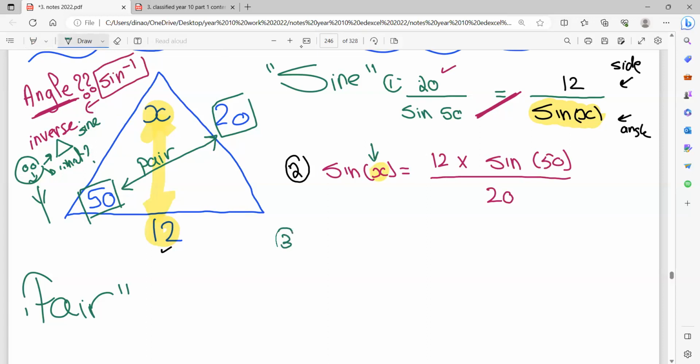فهنا بقى I will add a third step. And what is this third step? This third step is a reminder that we are going to calculate an angle. And when we calculate the angle, you must remember that we always use the inverse form.